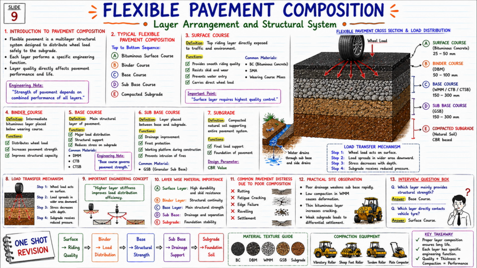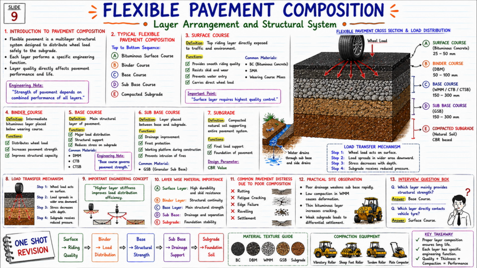Flexible pavement composition. An introduction to pavement composition. Flexible pavement is a multi-layer structural system whose main purpose is to transfer the wheel load safely to the subgrade. Now what is the most important thing here? Each layer has a different engineering function.